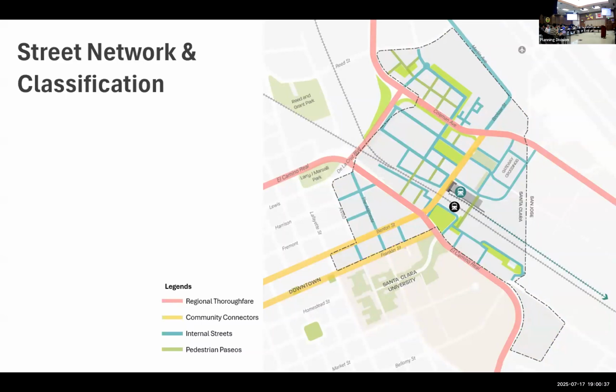Then we're looking at community connectors, and the primary one would be Benton Brokaw, and also Franklin from the downtown to the station itself. And then we have a bunch of new streets which we've created through this plan, which would be internal streets, and then a network of pedestrian and bike only paseos within those new blocks that are getting created.